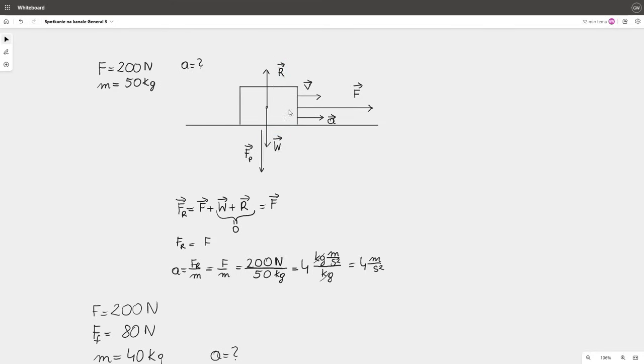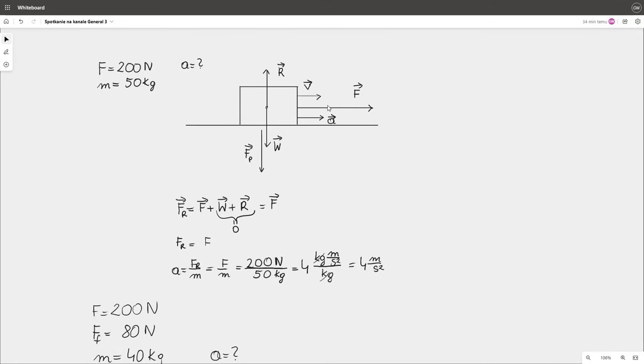These two, weight and normal force, balance each other, and we have external force F in the horizontal direction, and this is also resultant force. Acceleration vector will be equal to external force divided by mass, and will be directed the same as external force.